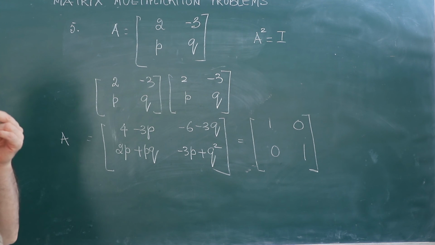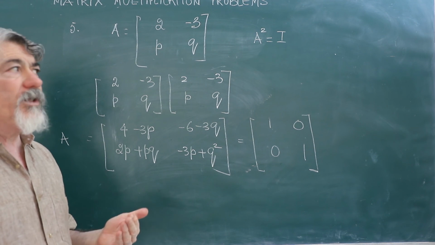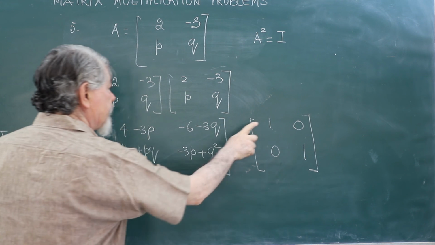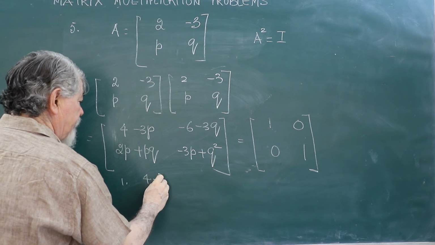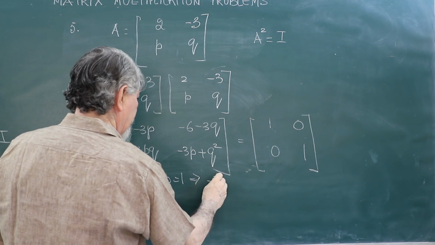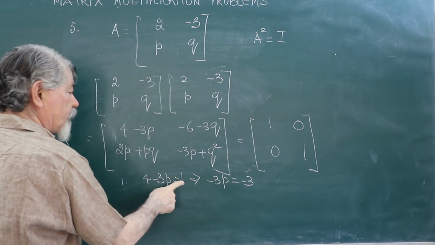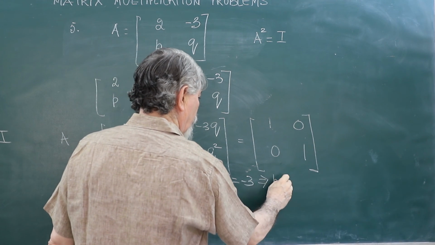Now let us equate. Two matrices will be equal only if their corresponding elements are equal. So 4 minus 3p is equal to 1. 4 minus 3p is equal to 1 will imply minus 3p is equal to minus 3, which will imply p is equal to 1.